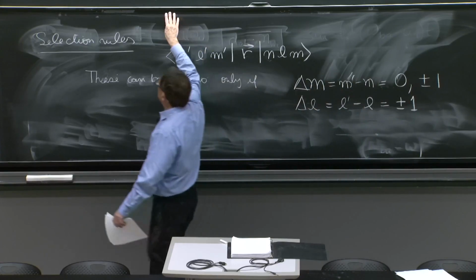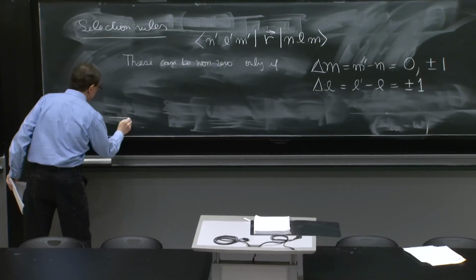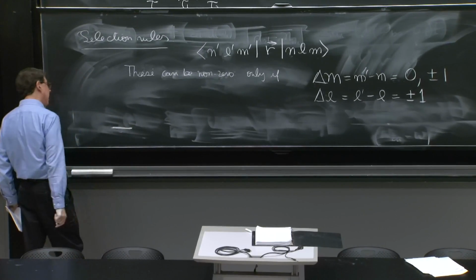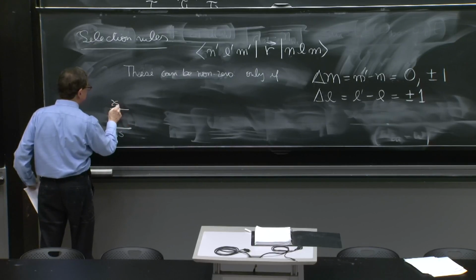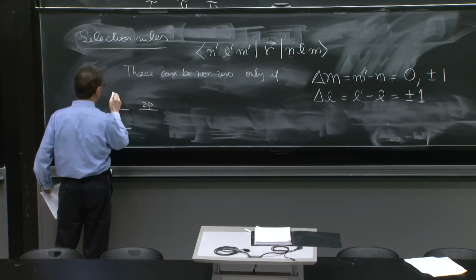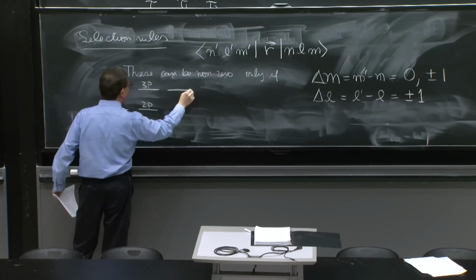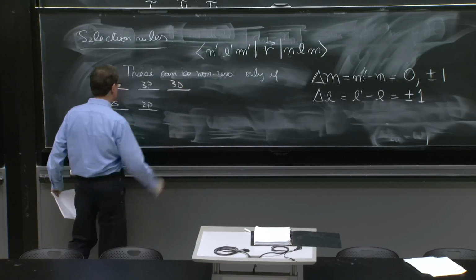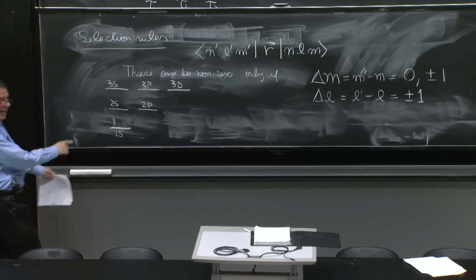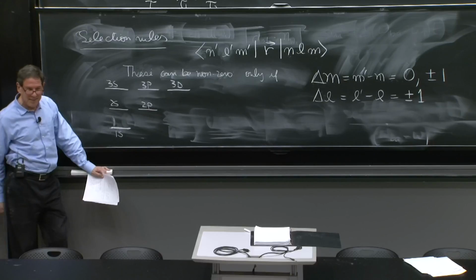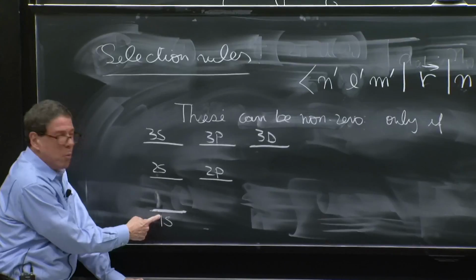So now you can at least get a qualitative understanding of the hydrogen atom stability. You have the ground state here, 1s. Here is 2s, 2p, 3s, 3p, and 3d. Let's see who can go to whom. Well, the ground state cannot go anywhere. That's at the bottom. So, OK, 2s going to 1s.